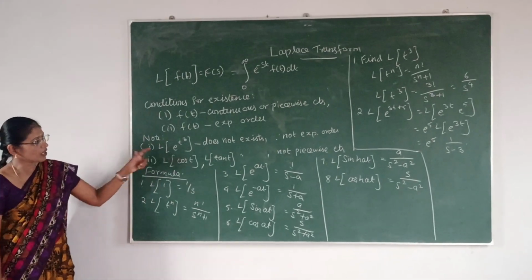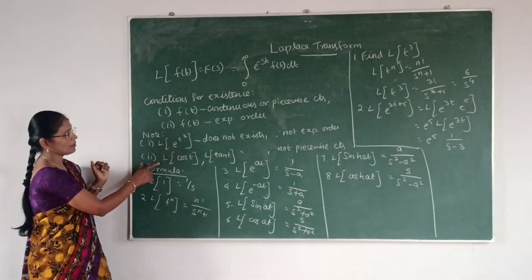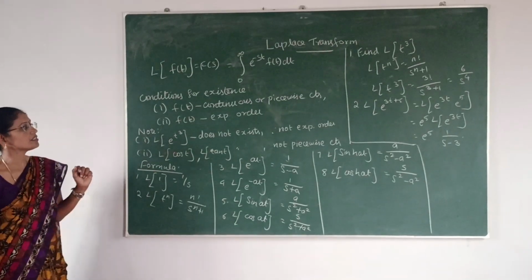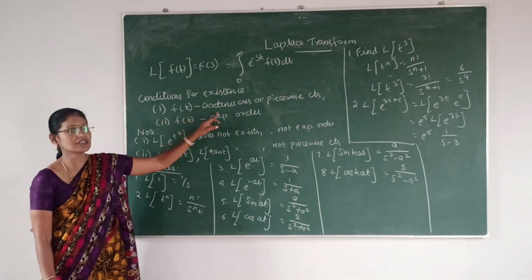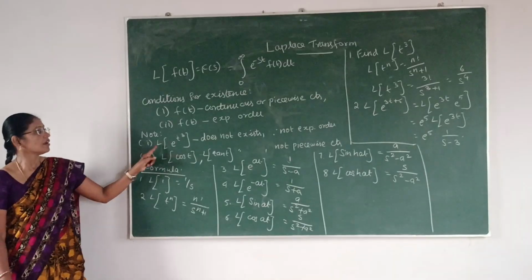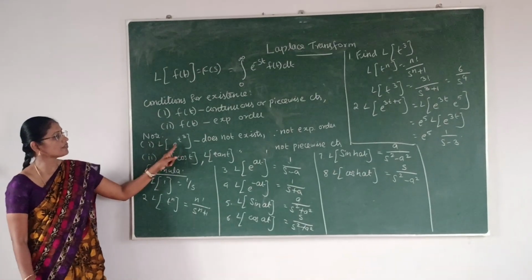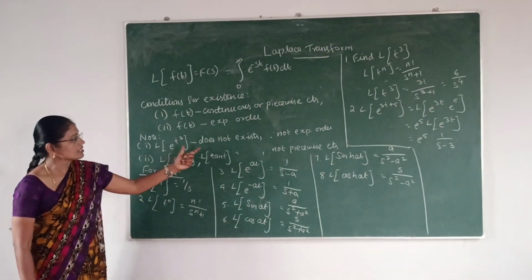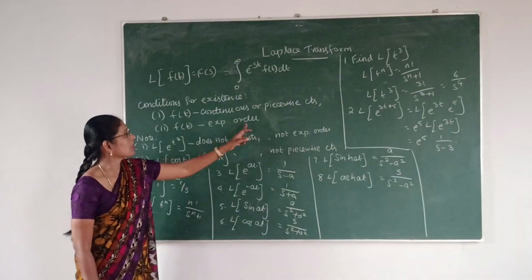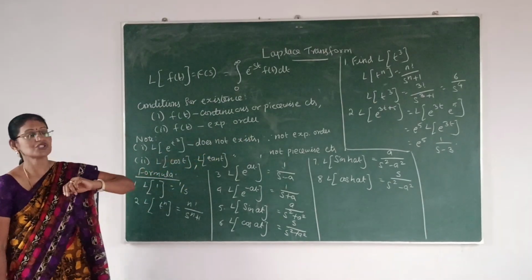Now we are not able to find the Laplace transform for these functions because the existence condition is not satisfied. The first one is the Laplace transform of e power t cube. This does not exist because it is not of exponential order.